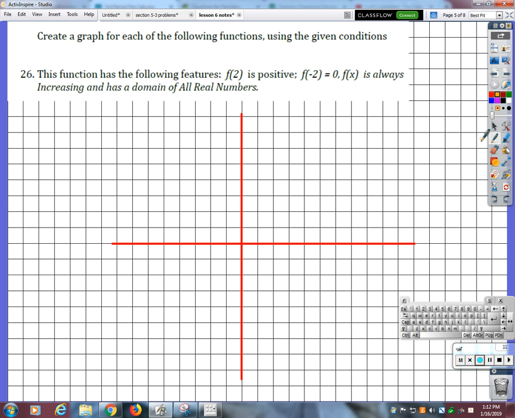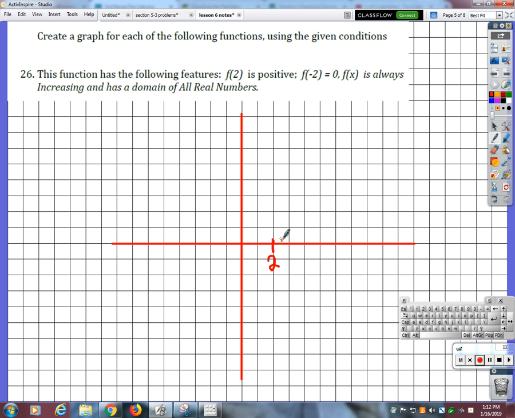Okay, so we've got the following features. f of 2 is positive. So what that means is if I go to x equals 2, the graph is going to be above the x-axis at that point. But it doesn't say where, so we're just going to leave that off, but we have to remember that it's going to be up here somewhere.